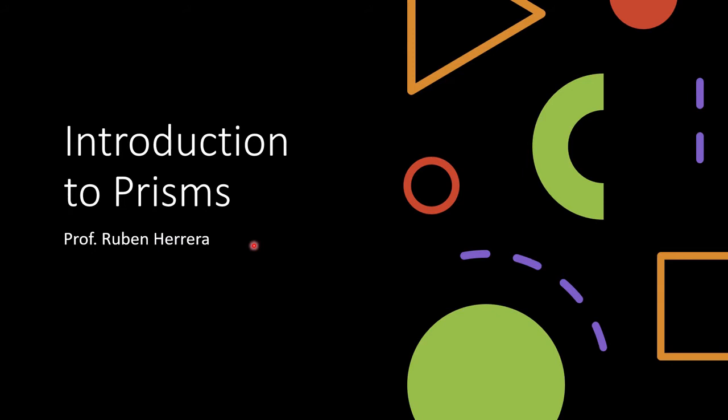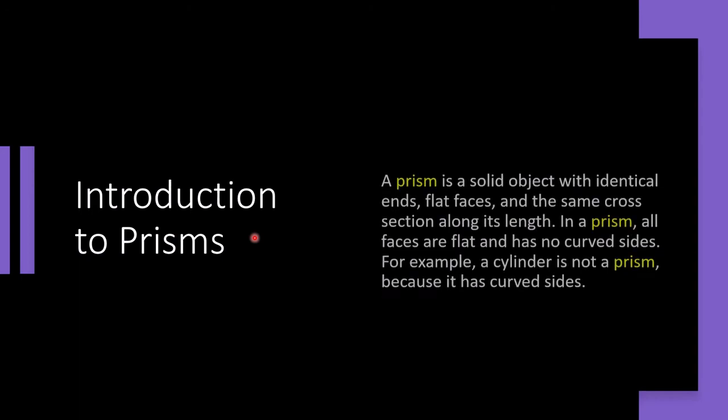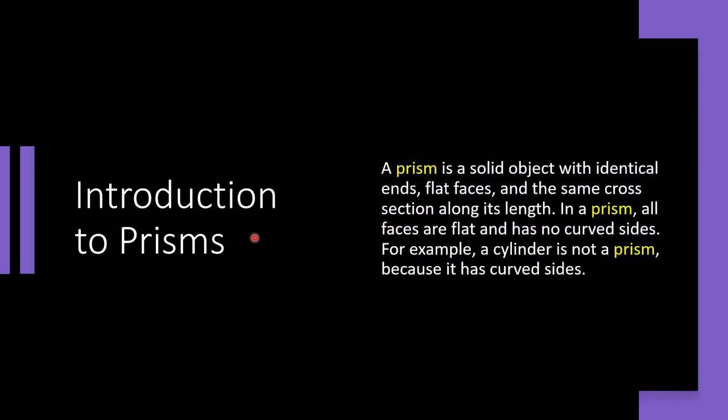Let me start by first defining what a prism is. A prism is a solid object with identical ends, flat faces, and the same cross section along its length. In a prism, all faces or sides are flat, and there are no curved or rounded sides.